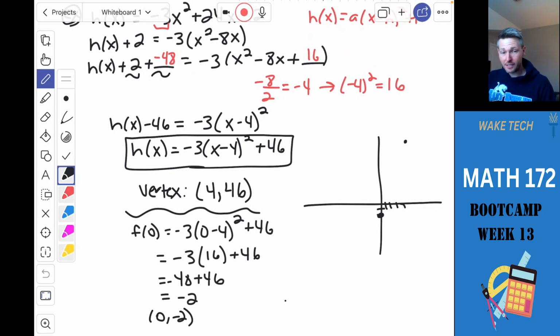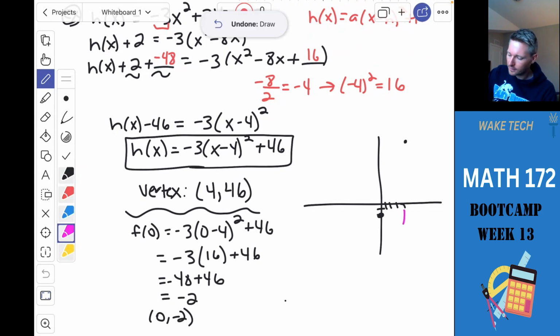Since parabolas are symmetric, knowing this point tells us another point on the graph as well. So the vertex is at an x value of 4. Let's use a different color. If we travel 4 units to the left of that, we get a y value of -2.